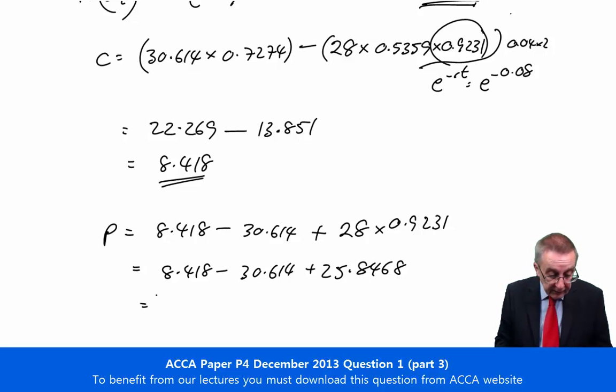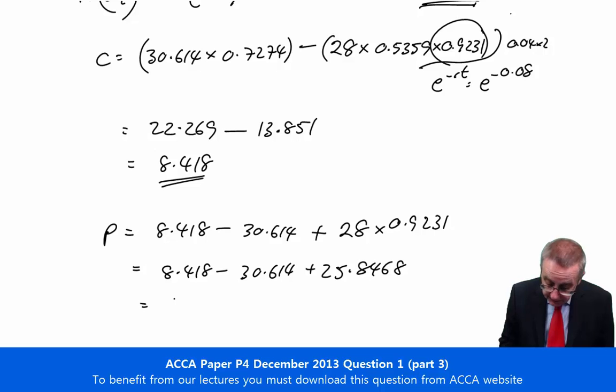Which after all of that, I get 3.65. Well, there's been rounding all the way through. I'll leave it at 3.65 million, remember, dollars.